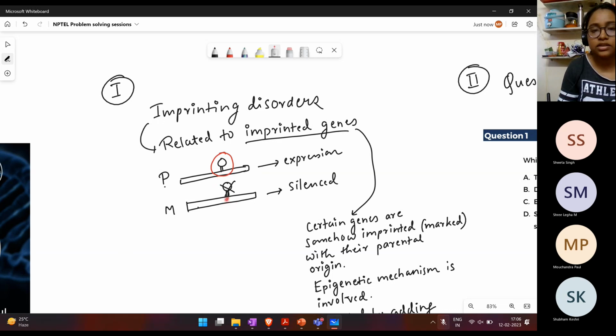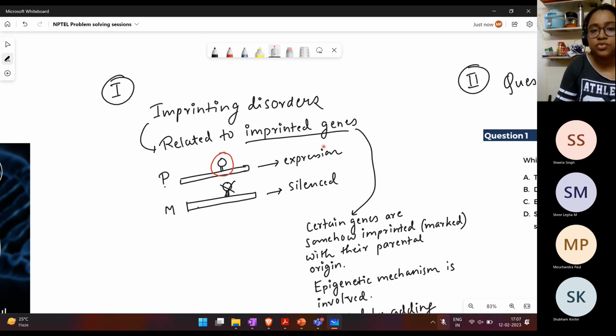So this is the paternal allele, this is the maternal allele. Now, one of the alleles gets imprinted or marked for expression. So this balloon-shaped structure is one gene that is coming from the father, and it is imprinted. But this gene, when it is present in the maternal copy, is silenced.